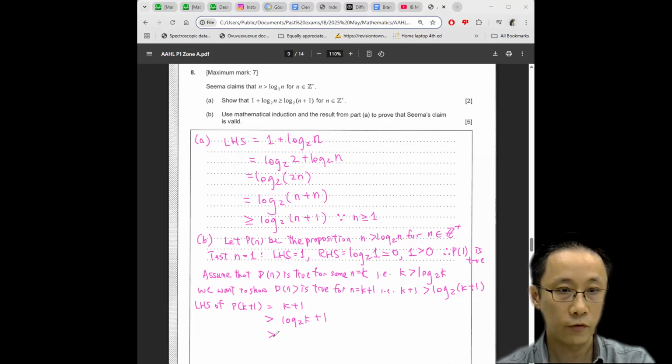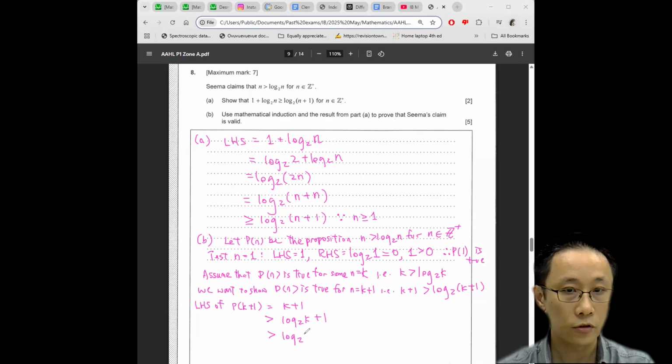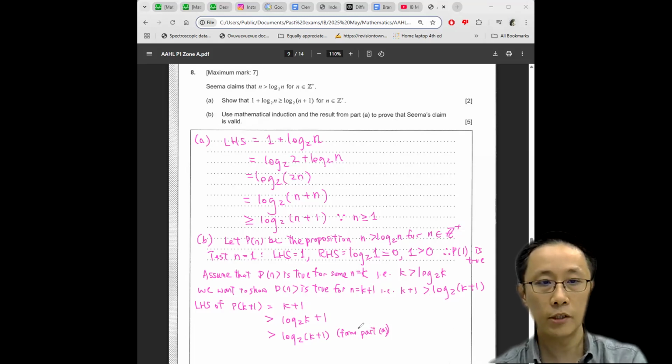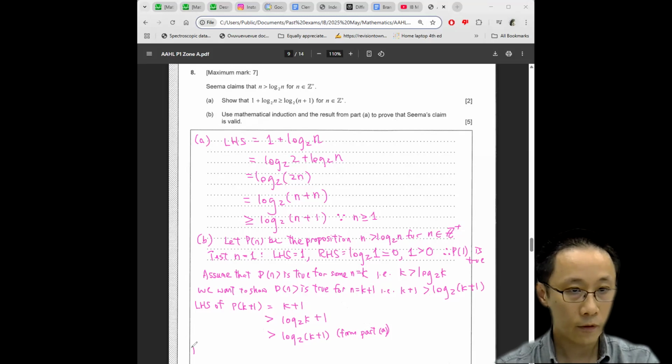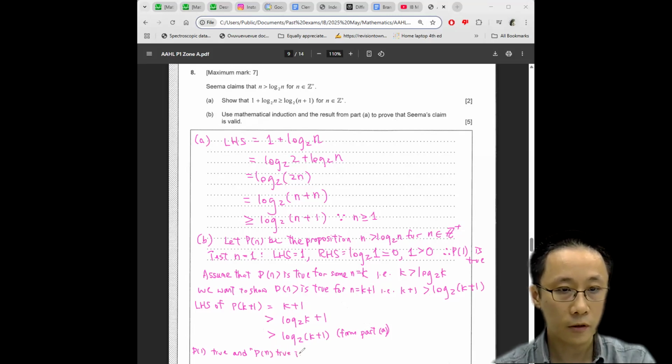And then we can further justify that this has to be bigger than log 2 of k plus 1 by the result in part A. So the inductive step has very few steps for this particular question, because most of the algebra has already been covered under part A. And then just write the concluding statements.